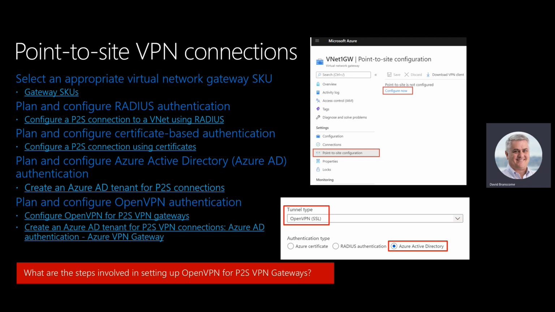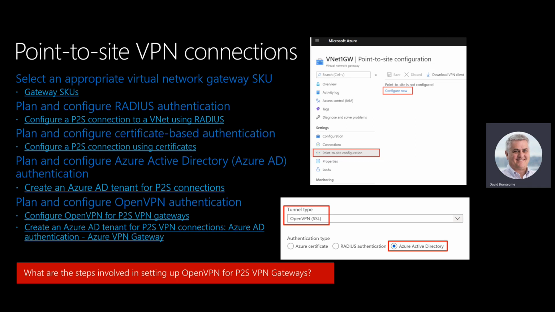Now we're switching over to a different type of VPN connection, and that is point-to-site. We've been talking about site-to-site. Now we're talking about point-to-site. A point-to-site VPN gateway lets you create a secure connection to an Azure virtual network from an individual client computer.